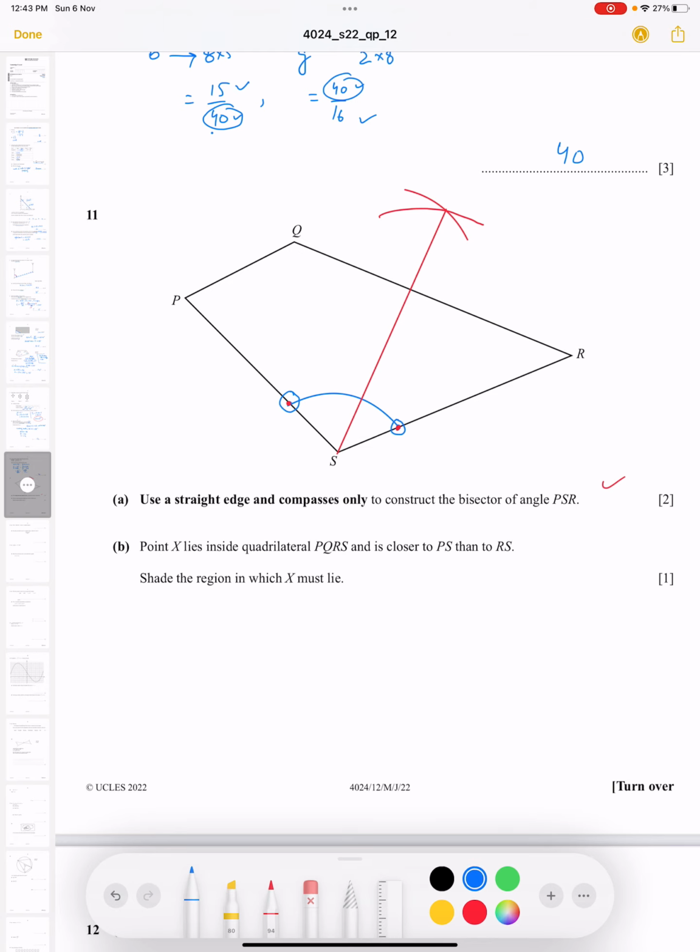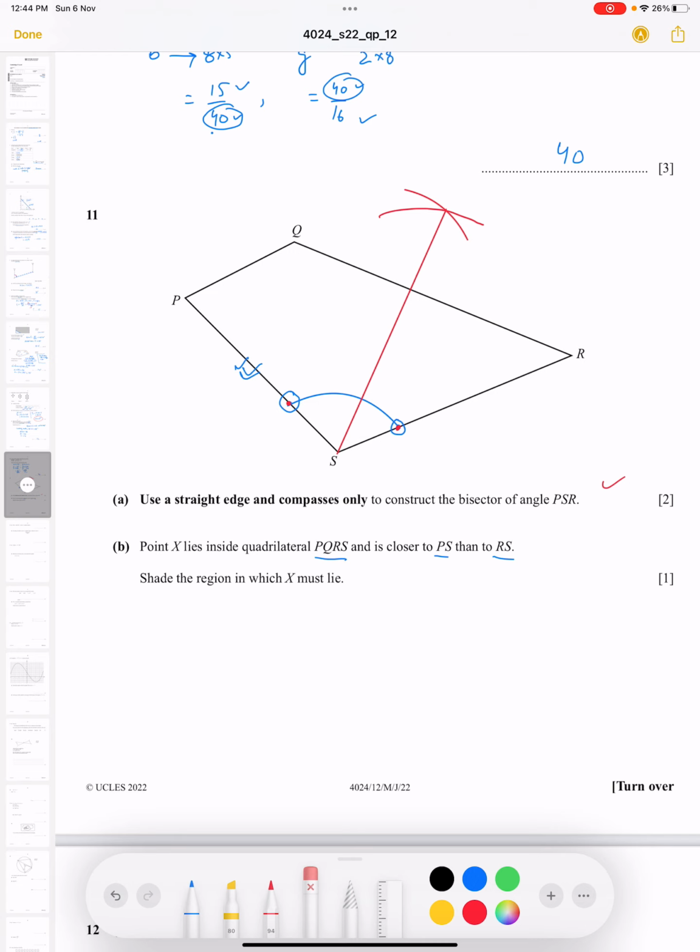Now, point X lies inside quadrilateral PQRS and is closer to PS than to RS. Basically, PS is this line, RS is this line. The angle bisector basically is that locus which is equidistant, or at an equal distance, from both lines PS and RS.